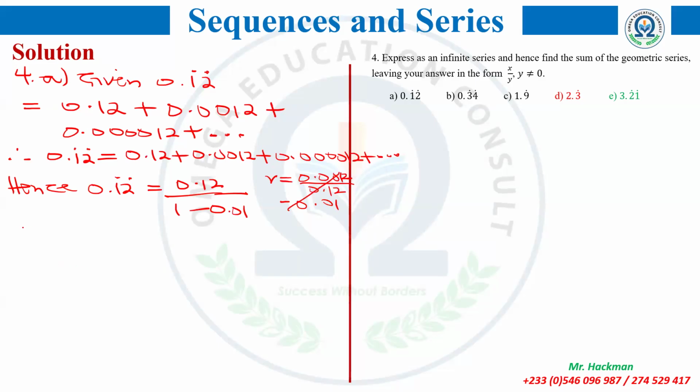When you are moving from here to your next line, you write close to the margin. So you are going to get 0.12 all over 1 minus 0.01, which will give us 0.99. Do you agree?